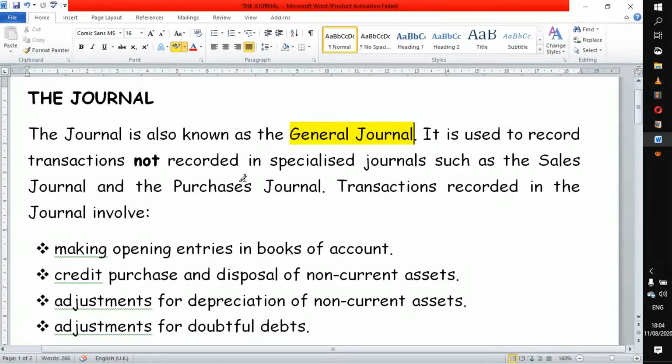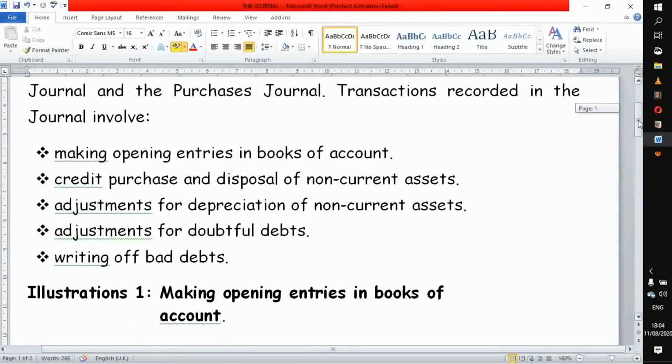Actually, the general journal is used to record all those transactions that are not recorded in the specialized journals. So which are these transactions? Let's look at a few examples here. We have opening entries. When you are starting your business, you want to open ledgers to start recording or to do bookkeeping.